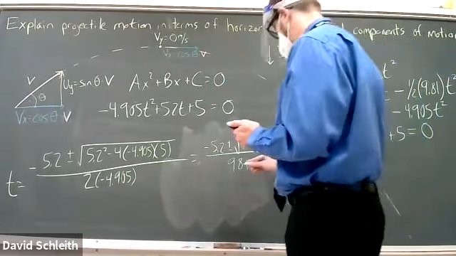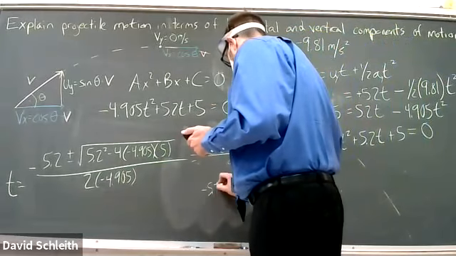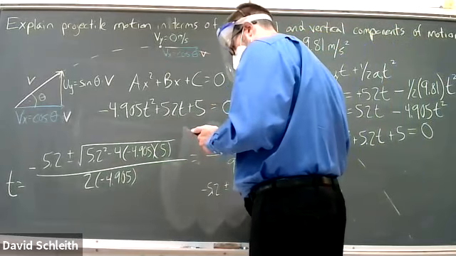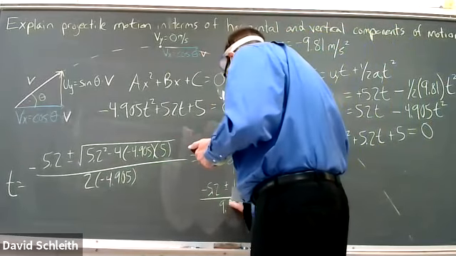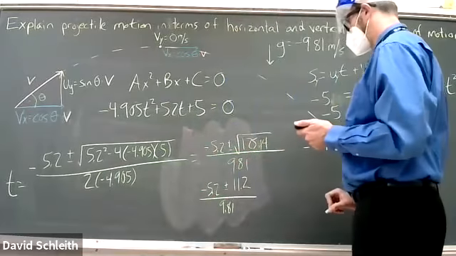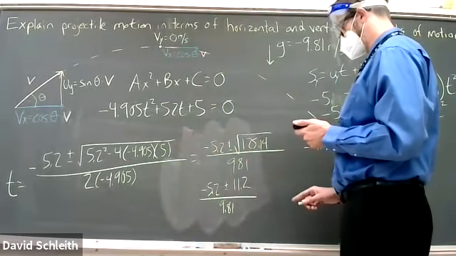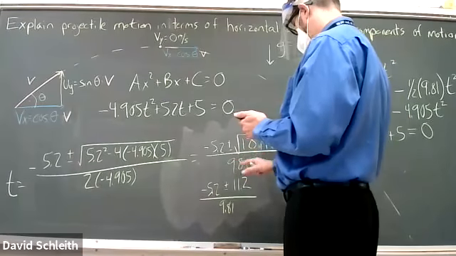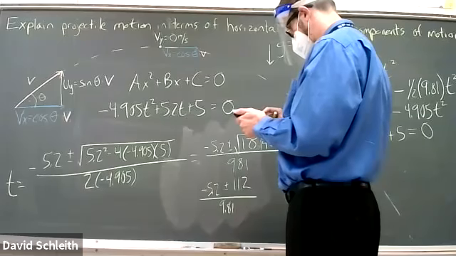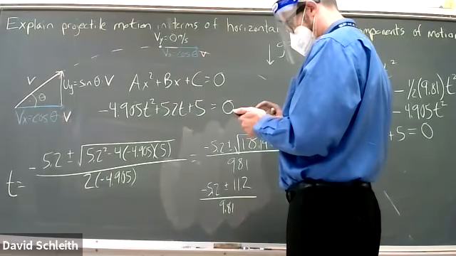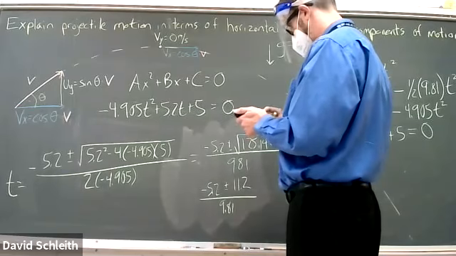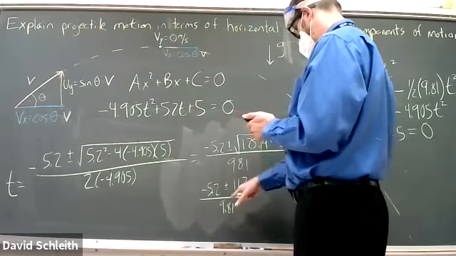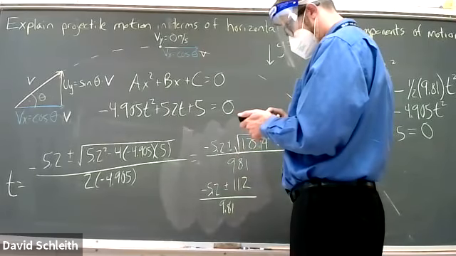11.18, 11.2. So I have negative 5.2 plus or minus 11.2, we'll say, over 9.81. So I have one solution, which is going to be negative 5.2 plus 11.2. So 11.2 plus negative 5.2, that's 6 divided by 9.81.